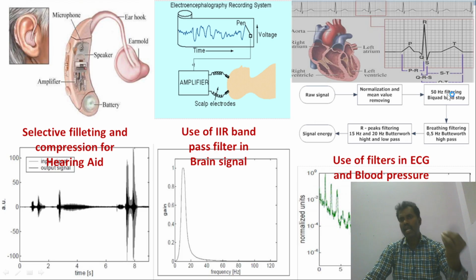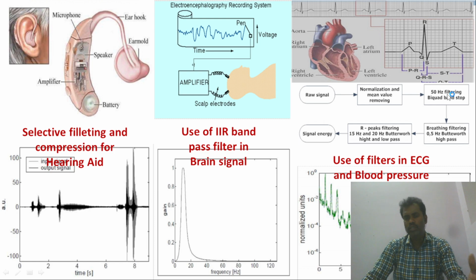If that signal is added to the message signal, it leads to showing some additional information, which may be wrong information, and it is very crucial in diagnosing in the medical domain. So it is very crucial to remove this.